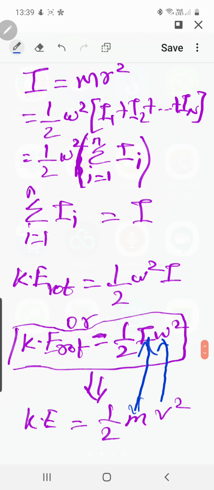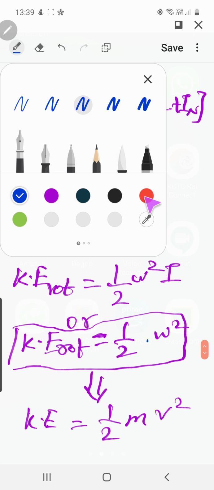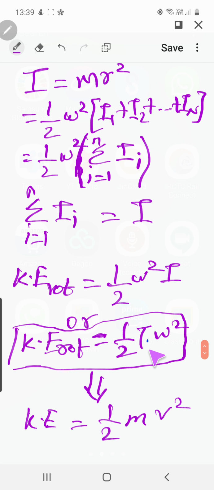So this is actually the formula for the kinetic energy of a rotating object, half I omega square.